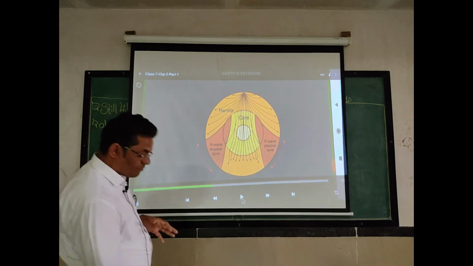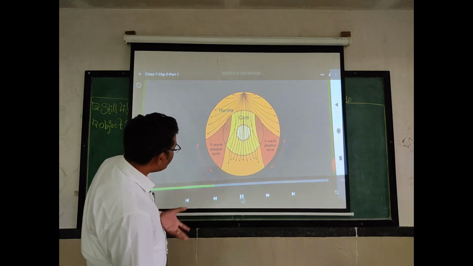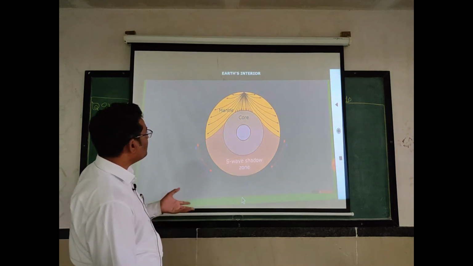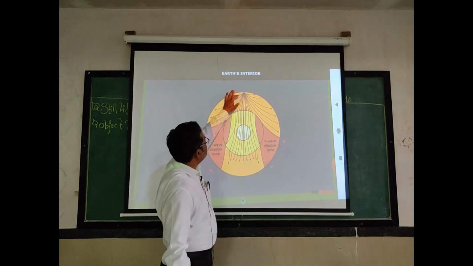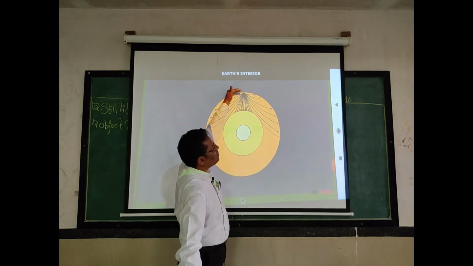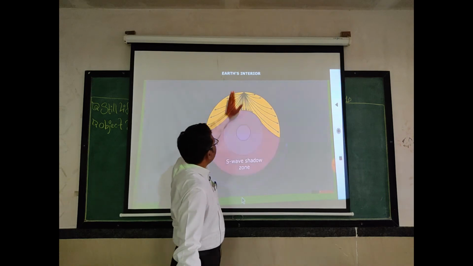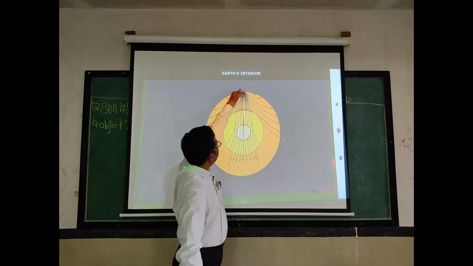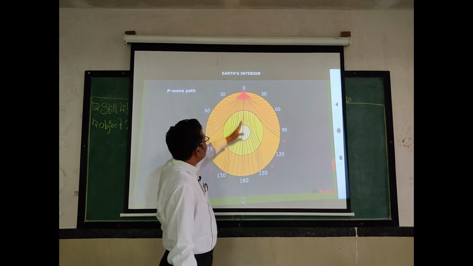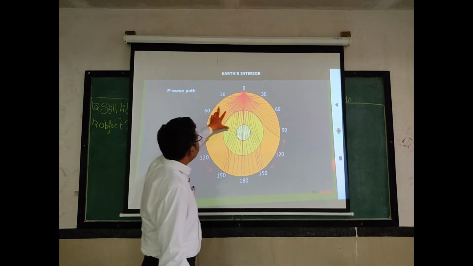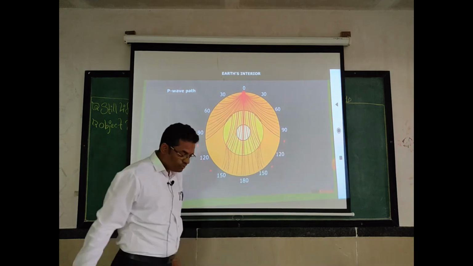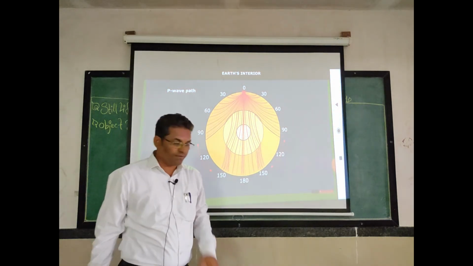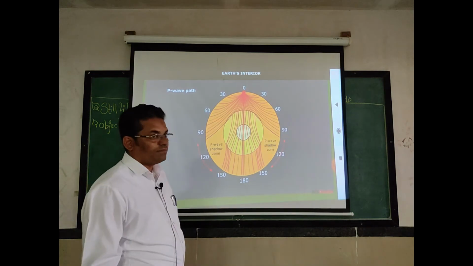You see, in the time of earthquakes, when the waves hit the earth crust at the uppermost part of the earth, those waves are coming from the center, and they are divided and go up to different levels of the earth.